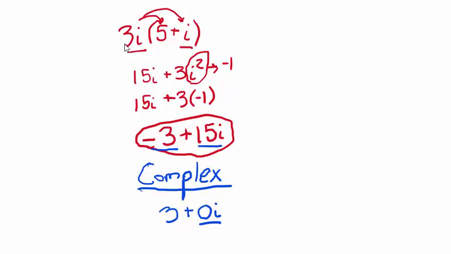All right, but let's do one where it's a binomial. So let's imagine, and this will be the last one I do here. Let's do 2i minus 1. All right, it's not working, there we go.